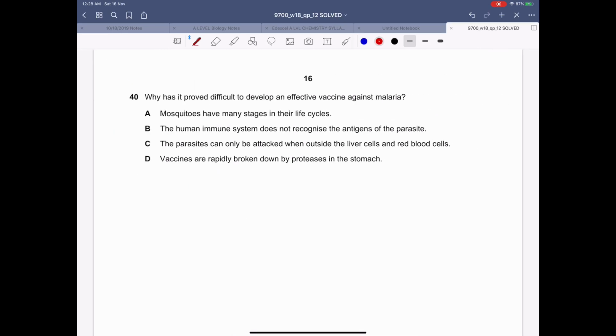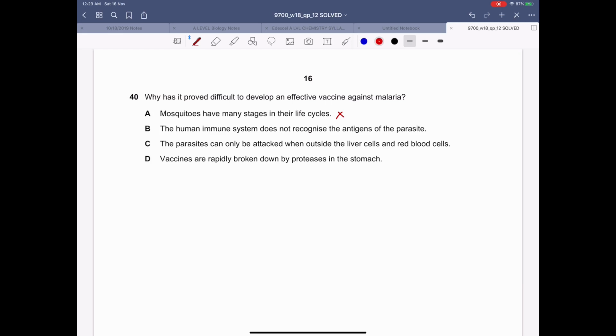Last one. Why has it proved difficult to develop an effective vaccine against malaria? Mosquitoes have many stages in their life cycle. Human immune system does not recognize the antigen of the parasite. So both of these options are wrong, because mosquitoes having many stages in their life cycle has nothing to do with the vaccine.